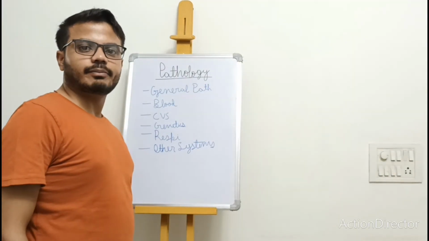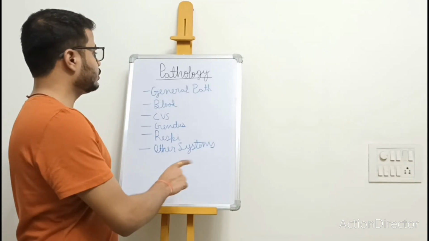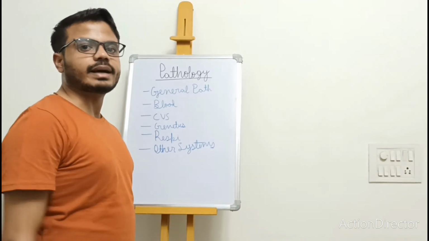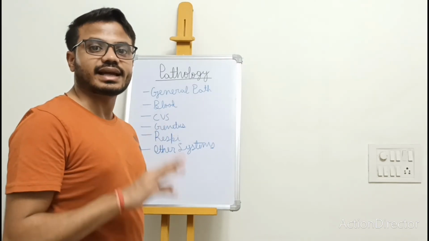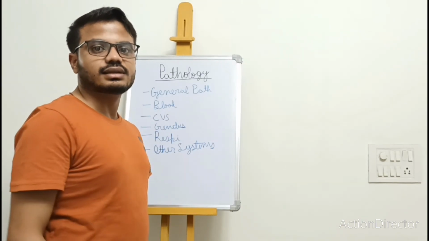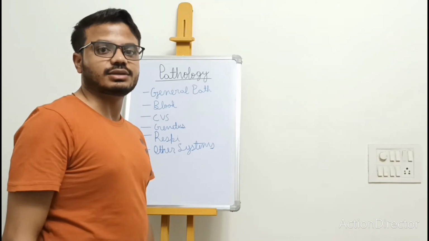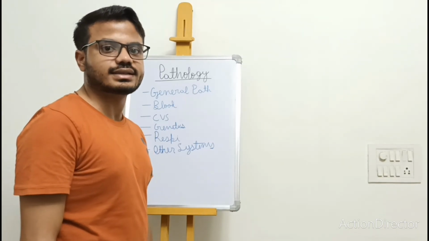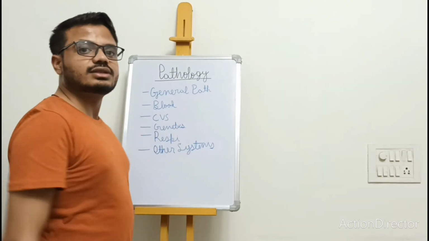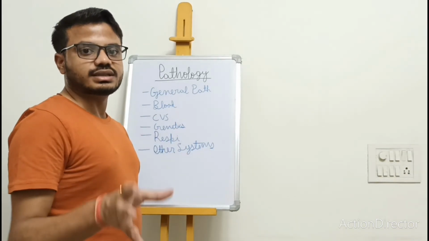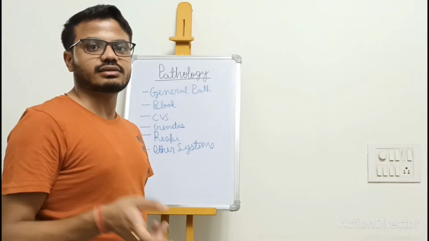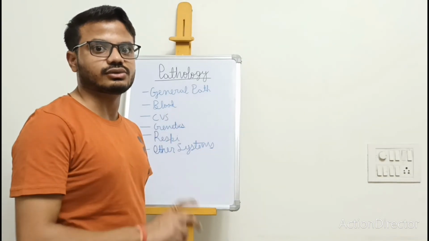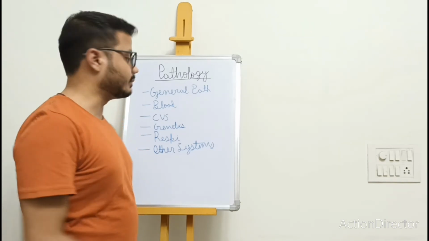So in pathology, you have to know about general pathology. Then blood, the slides, you have to see the images of various anemias and hematological disorders. Then genetics, you have to know about genetic disorders, pedigree analysis, autosomal dominant recessive, X-linked dominant recessive, all those disorders you have to remember.